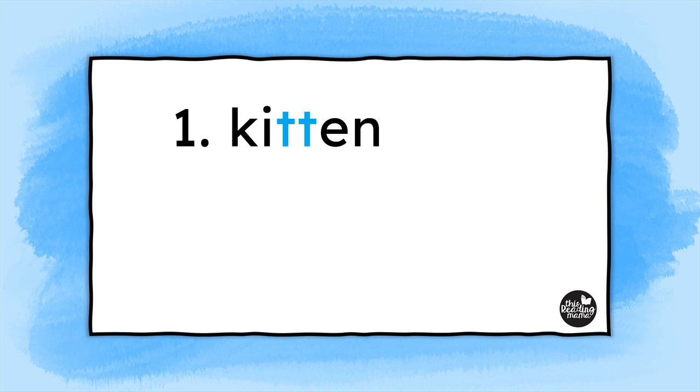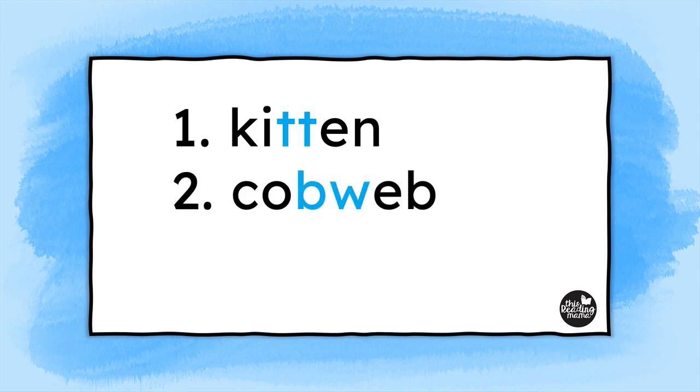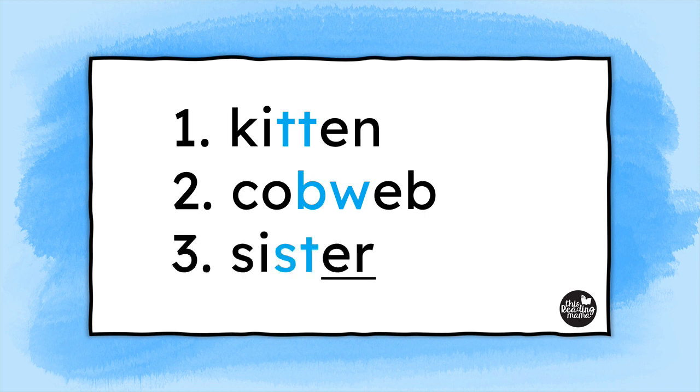And we'll talk about this more in a minute. Now, once your learners can identify and divide words with double consonants in the middle, I like to move on to words like cobweb, which have 2 consonants in the middle, but they're different. And then, if you're able to teach the ER chunk to learners, this will widen the range of closed syllable words your readers can identify.